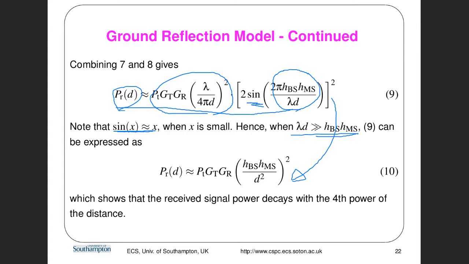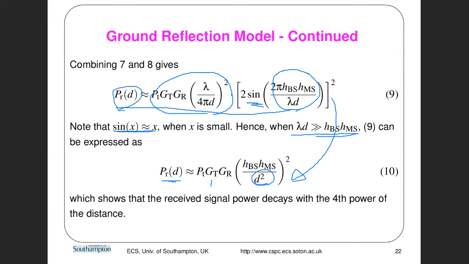So when you evaluate received signal power, you only need to input transmit signal power, the antenna gains, which are determined once manufactured. So when you are actually given the system, you know the antenna gains and the height of base station and the height of mobile station, and then the distance.